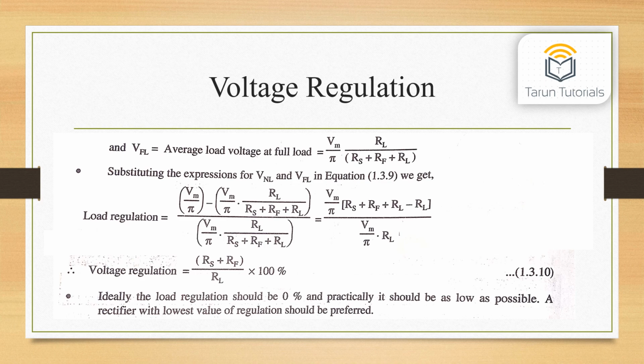After solving, we get load regulation = Vm/π × [(Rs + Rf + RL) − RL] divided by Vm/π × RL. Therefore, voltage regulation = (Rs + Rf)/RL × 100%.